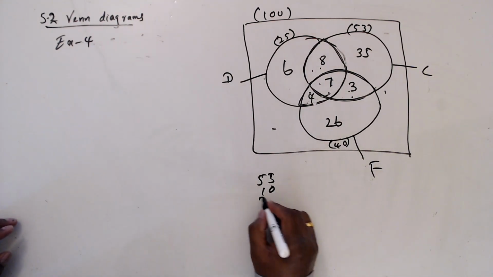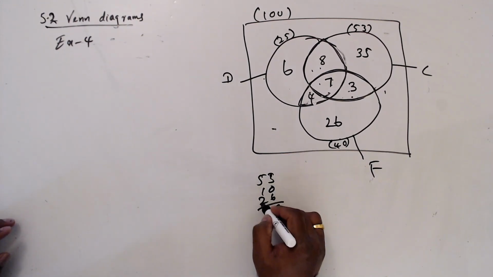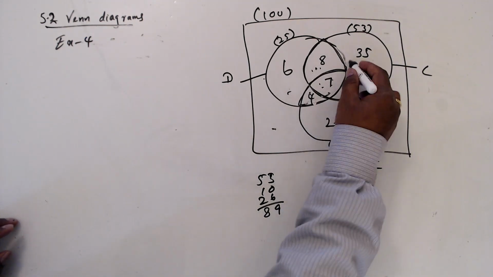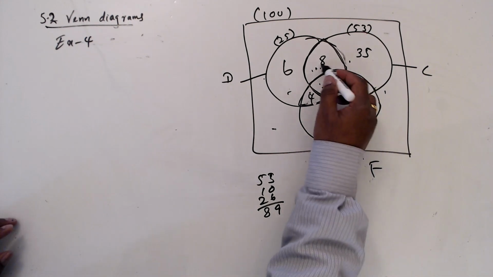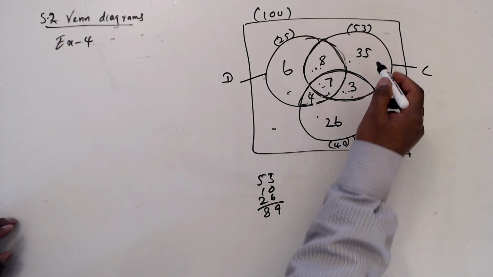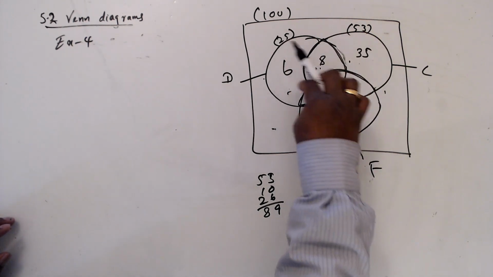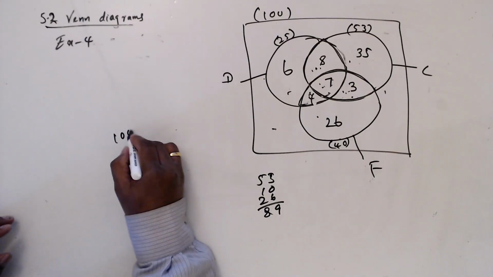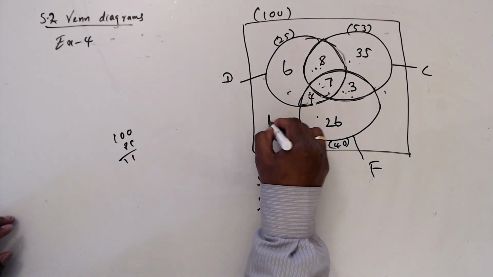And this area 26. So this whole area covers 89. Instead of adding 8 plus 7 plus 3 plus 35, I know this is going to be 53. Then the 4 areas, then the remaining 3 areas I add. So that is 89. So 100 minus 89, that is going to be 11. So that 11 is here.